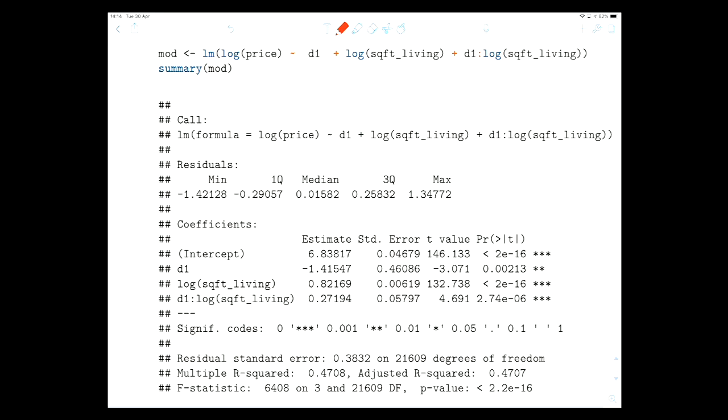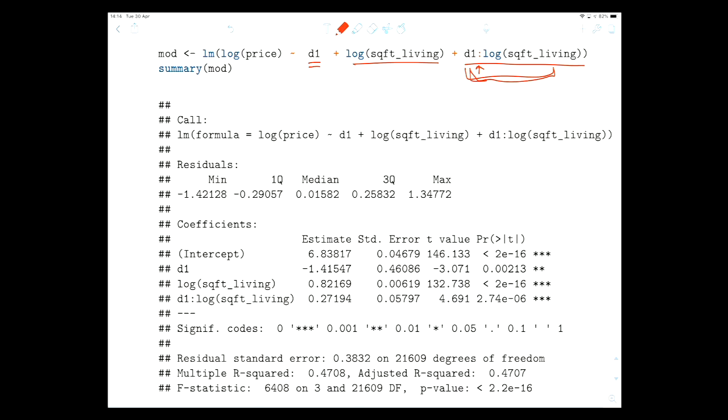So how do we fit such a model in R? The command is quite straightforward. You obviously include D1, your categorical variable for waterfront. You include log square foot living area. But then you add the interaction. The interaction is denoted using the colon, so D1 colon log living area, which looks at the interaction of these two together.